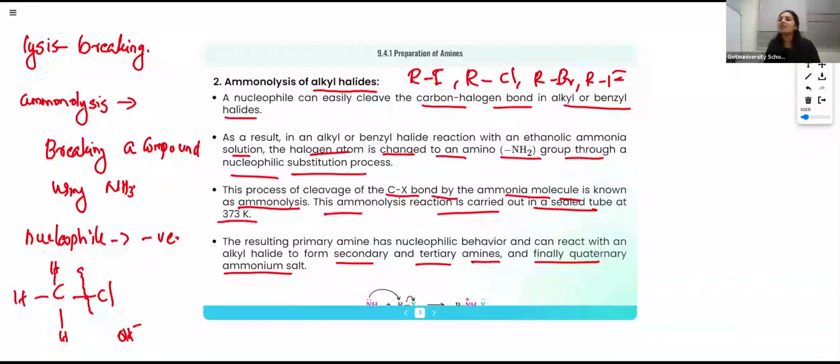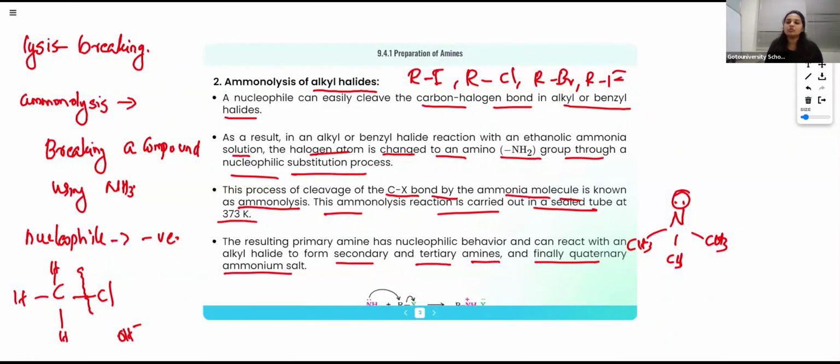What is a quaternary ammonium salt? Normally in ammonia, one lone pair is there. When the hydrogen atoms are replaced by some alkyl group, it will be like this. Quaternary ammonium salt means they will make one more bond using this lone pair of electrons.